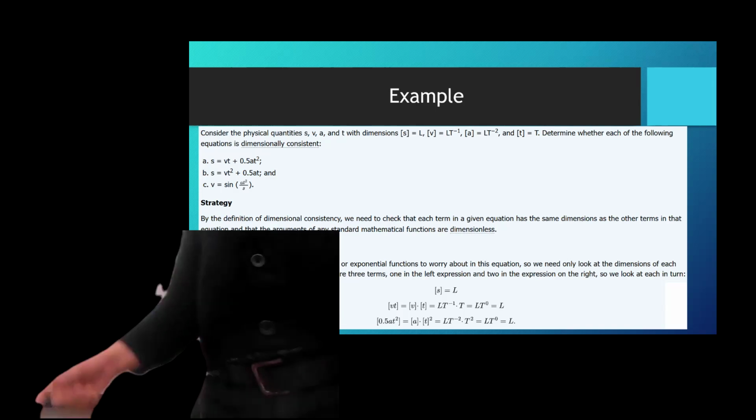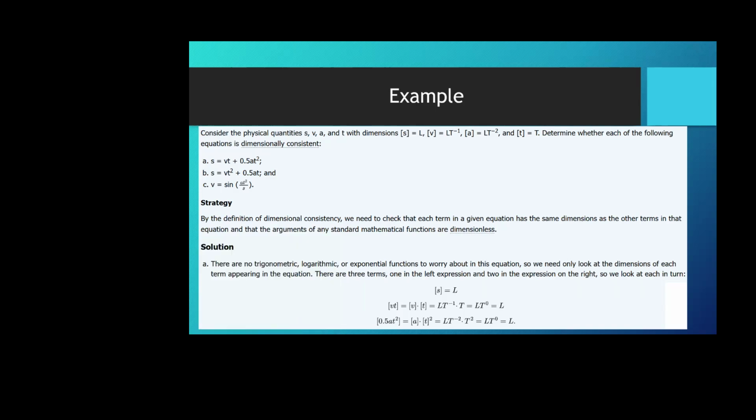Now, the second one is not consistent for an obvious reason. VT squared, we can change it slowly here. The second one is VT squared plus 0.5 AT. This is length divided by time, and this is time squared.